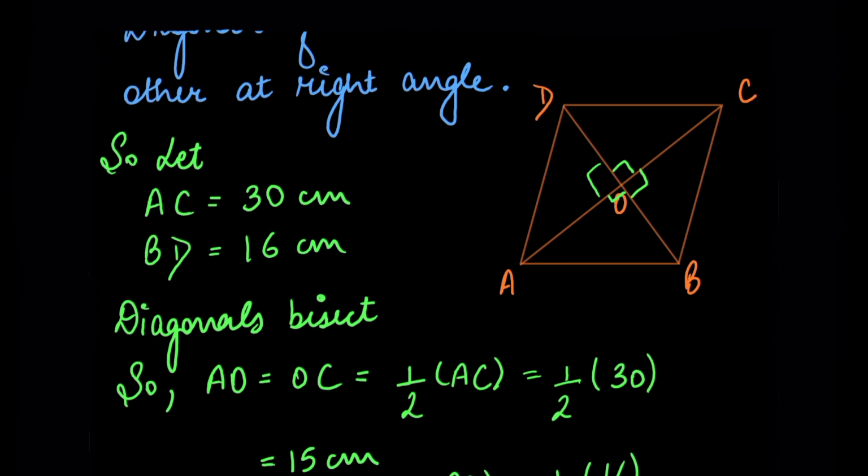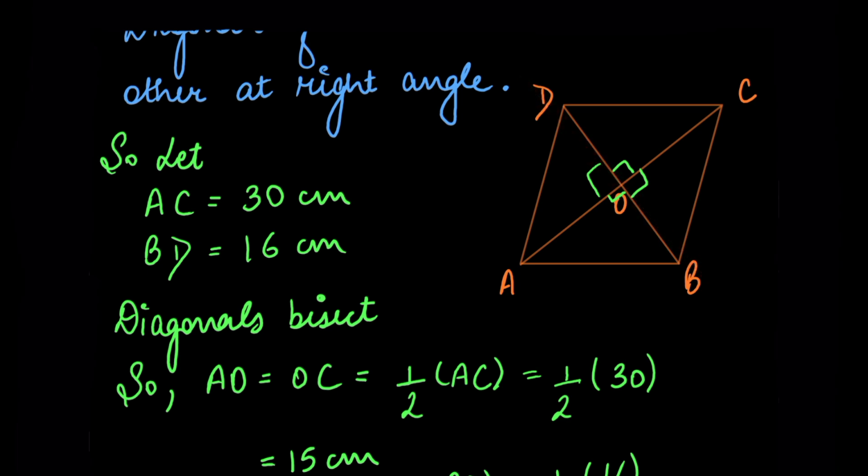Since all four sides are equal, we can just find one side and it will automatically give us all the sides. So let us say that AC is a diagonal and BD is also a diagonal, which bisect each other at O. It is a 90 degree bisection. So AC is divided into two equal parts at the point O where BD, the other diagonal, meets it, and the same goes for BD.